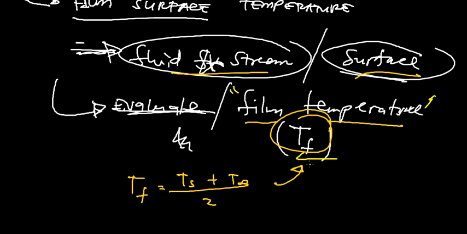Okay, so the fluid properties are then assumed to remain constant at those values during the entire flow. Once again, we need this film temperature, by having the average of the temperature of your fluid stream and the temperature of your surface, because we need this during the evaluation of the properties. Okay, so we need to consider this Tf.